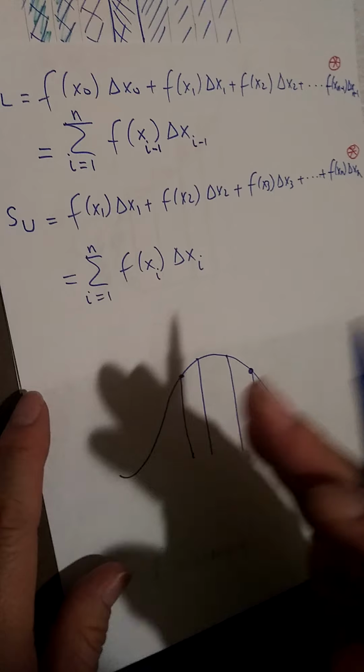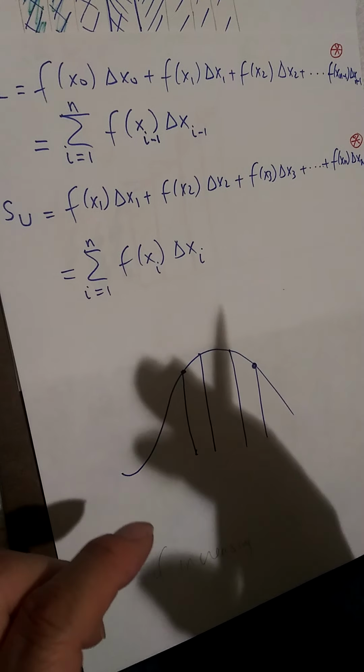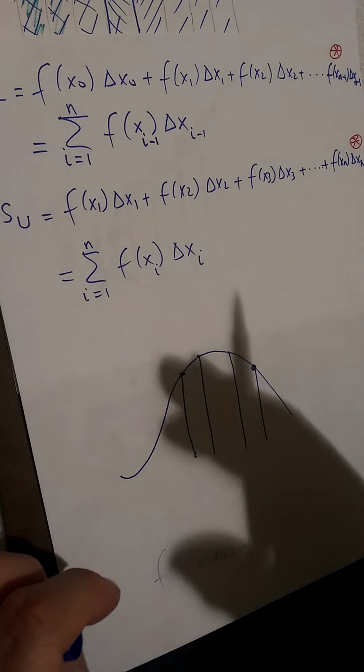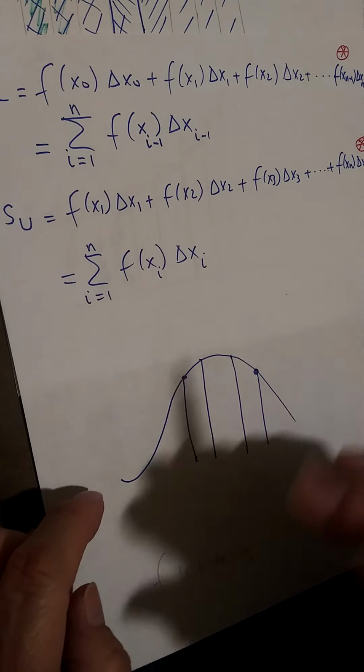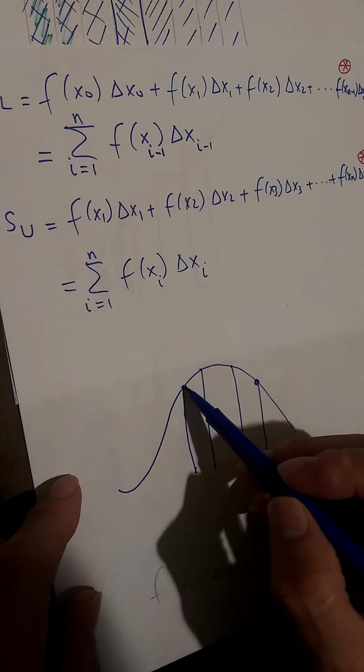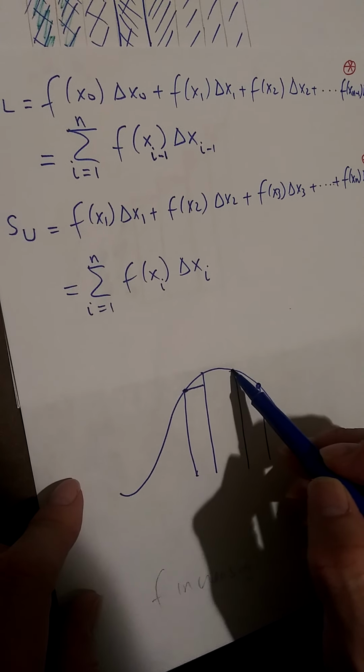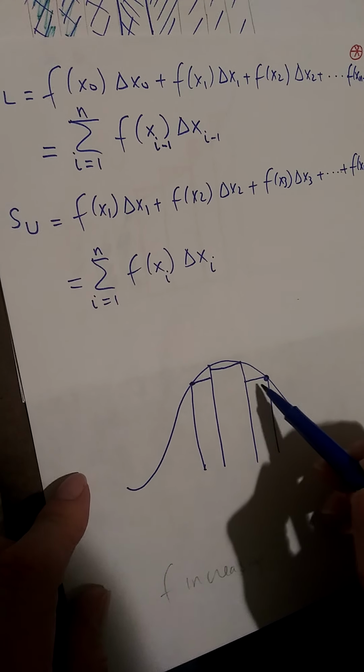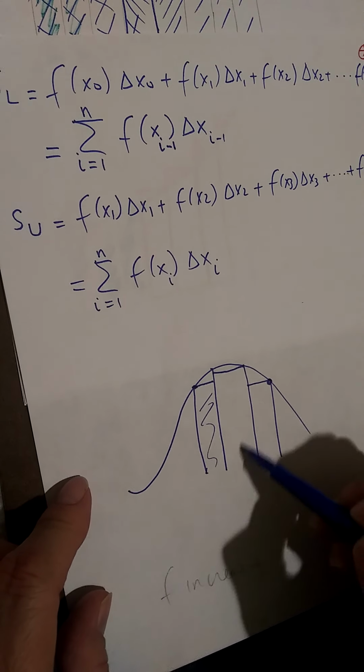So the statement, the higher the value of x, the larger the value of y, only applies when the function is strictly increasing. So be careful. If you're doing a rectangle here, it'll be like this, but here it'll be like this, and then the next rectangle will be like this if you're doing the lower sums.